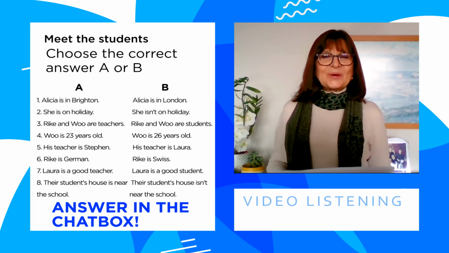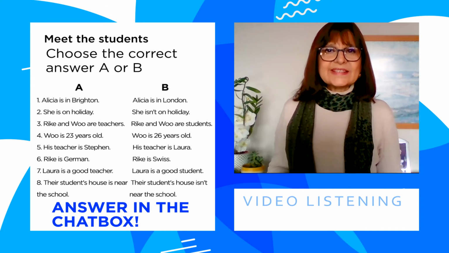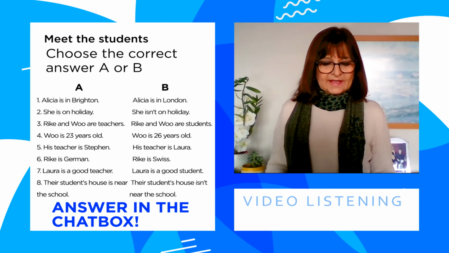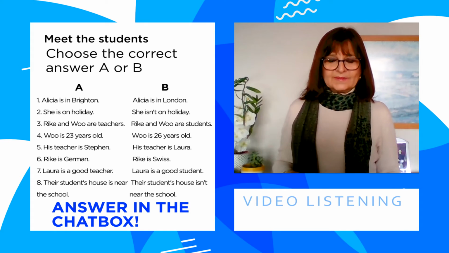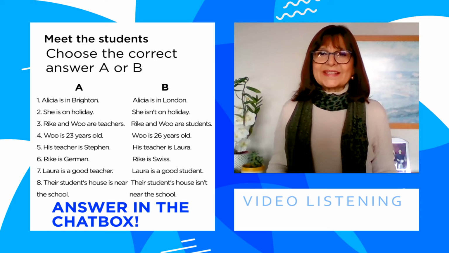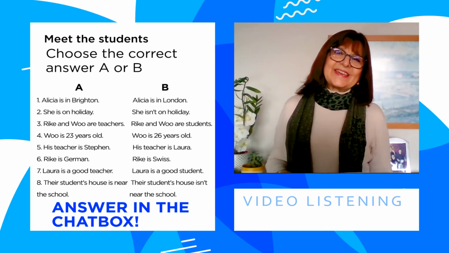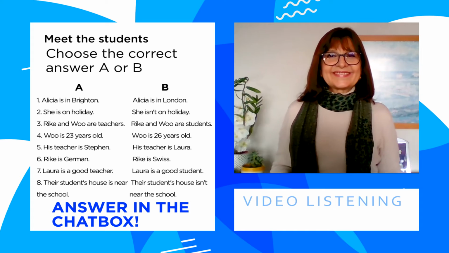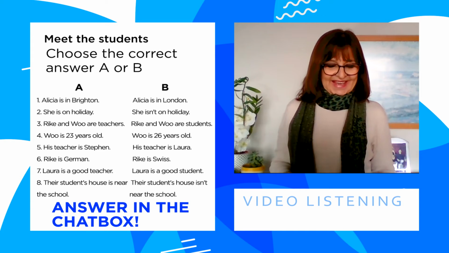You can write it now, A or B. Number 6. Rika is German. Second option. Rika is Swiss. Which is the correct one? A or B? Write it. Okay.